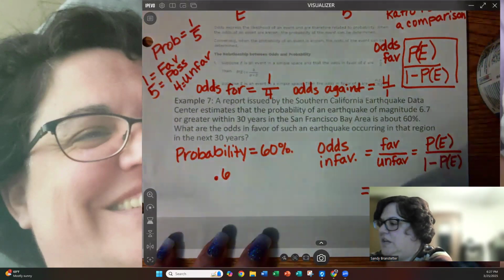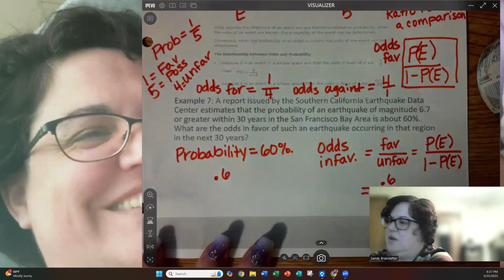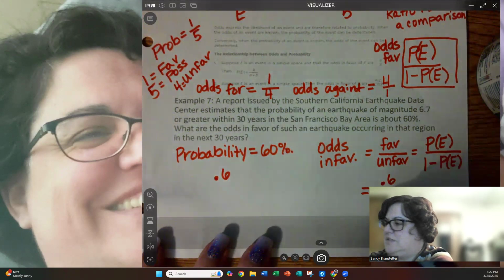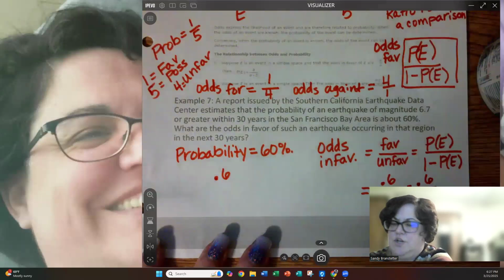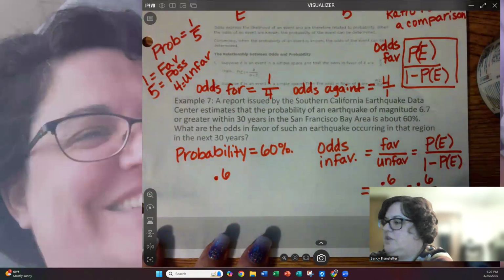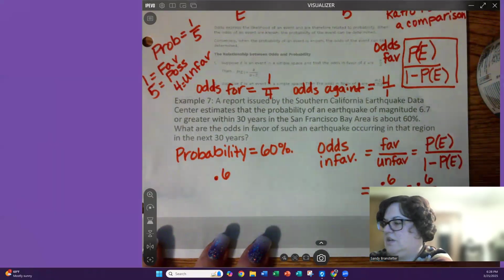So the probability of the event occurring is 0.6. 1 minus 0.6 is going to go on the bottom. So I have 0.6 over, go ahead and subtract. Hopefully you got 0.4.